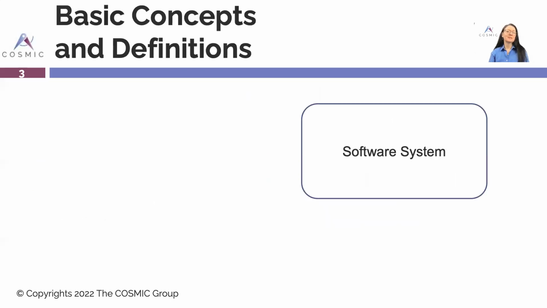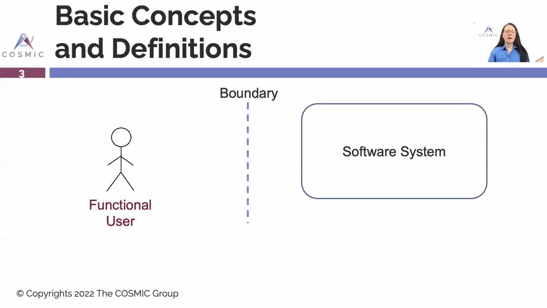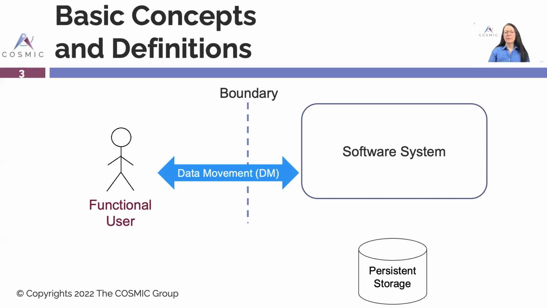Now, for basic concepts and definitions, let's say we have a software system. The software system, over a boundary, has functional users and also persistent storage. From functional users to the software system, there are data movements that carry data groups, and there are also data movements to and from the persistent storage.